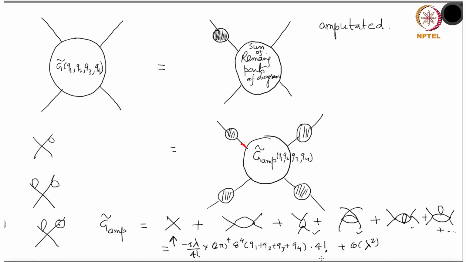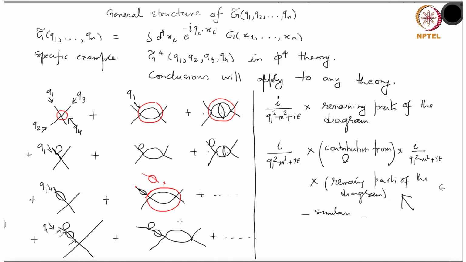Okay, let me try to explain why you have a 4 factorial here. See, after all, we are just writing these diagrams, rearranging them in a particular way. So look at this one. This had a 4 factorial multiplying it, right? Because that is the combinatorial factor.